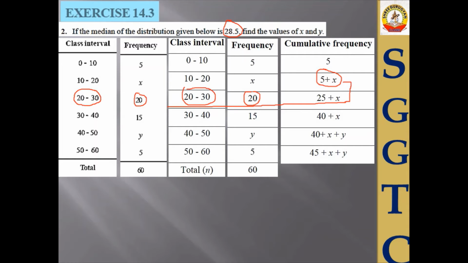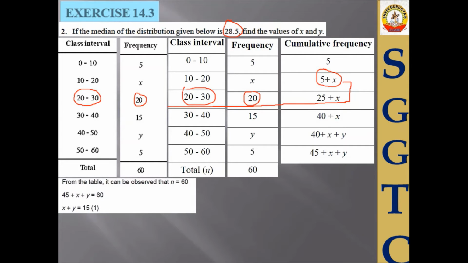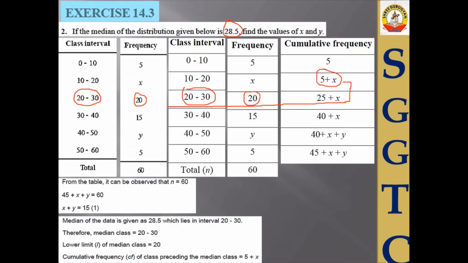That's why we make the classes 0 to 10, 10 to 20, 20 to 30, and write the class frequencies and the cumulative frequencies: 5 plus x, 5 plus x plus 20, 25 plus x. It lies in this class because 28.5 is the median.